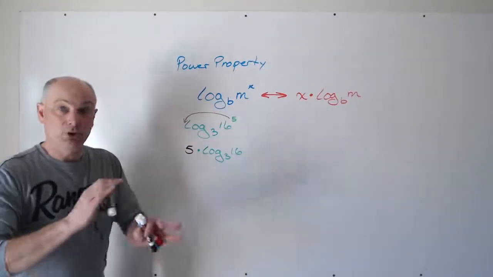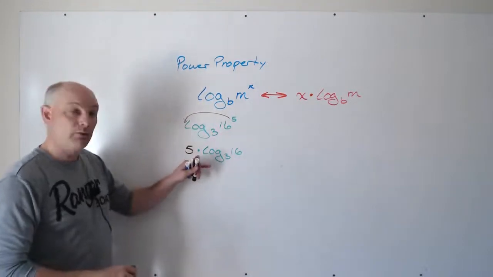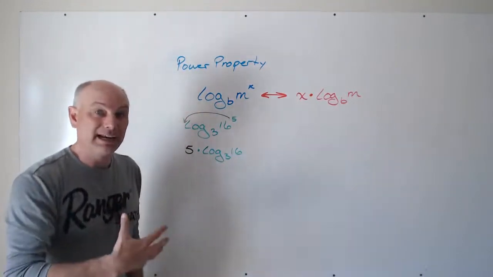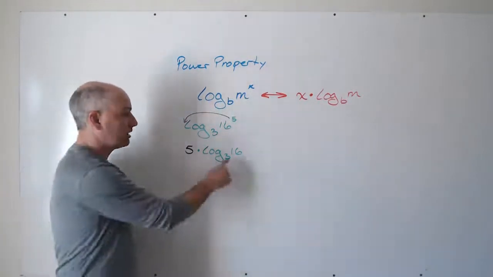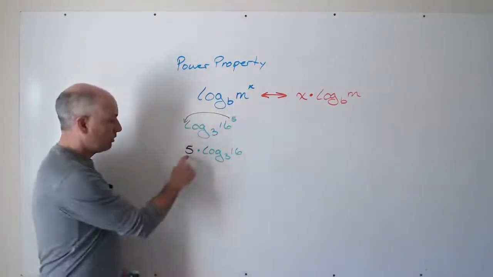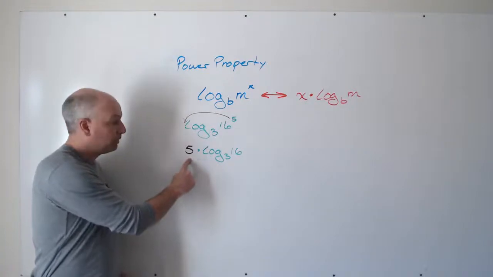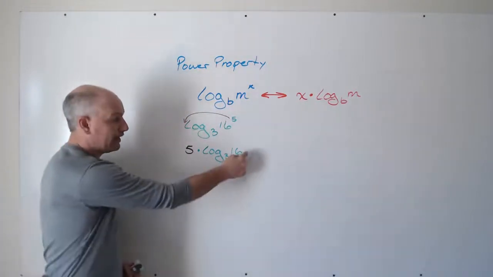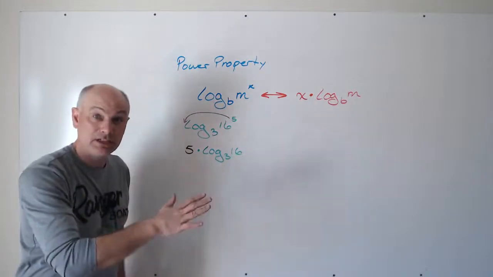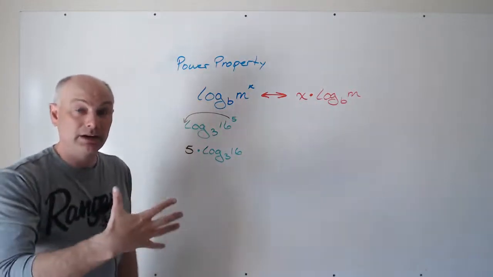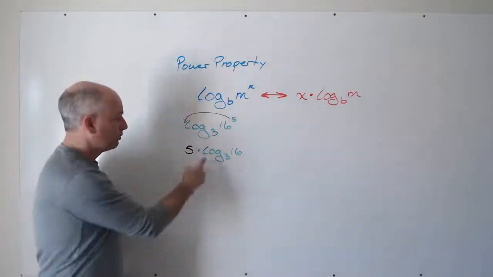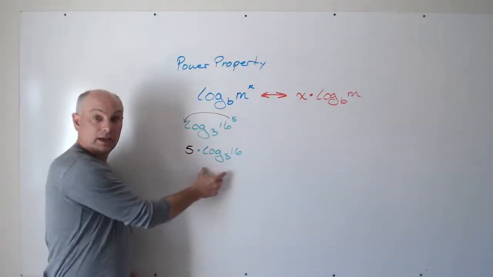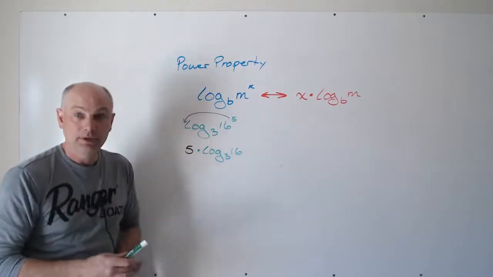You can do it, no problem, but we definitely want to make sure that we don't write this 5 on the back side. We might misinterpret that as a log of a product then, where it's a scalar or a multiple that's being multiplied to the logarithm itself. So I don't want to put this 5 on the back side. That would be a common mistake, and it would lead to a bigger mistake later on. We want to make sure we put that down as a multiplier in front of the logarithm as we do this, okay?